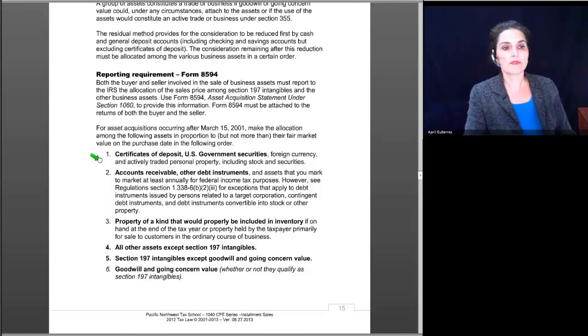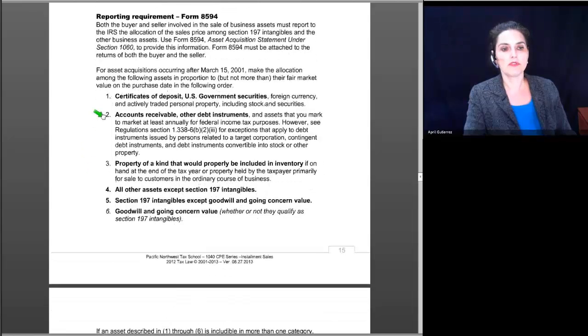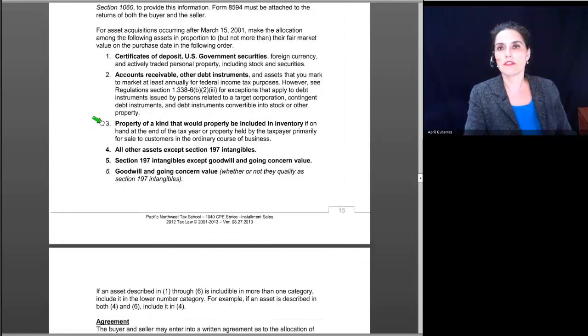For asset acquisitions occurring after March 15, 2001, make the allocation among the following assets in proportion to, but not more than, their fair market value on the purchase date and in the following order: certificates of deposit and U.S. government securities, accounts receivable or other debt instruments, property of a kind that would properly be included in inventory, all other assets except Section 197 intangibles.